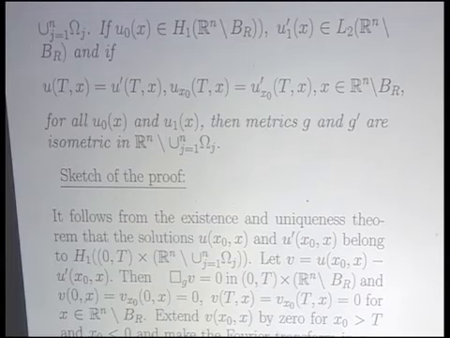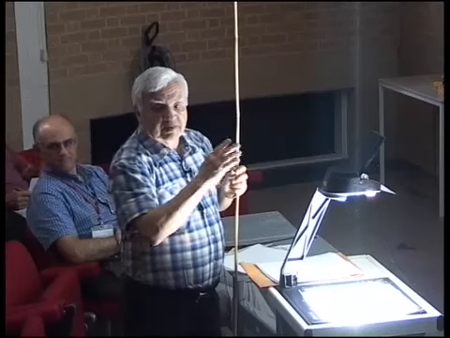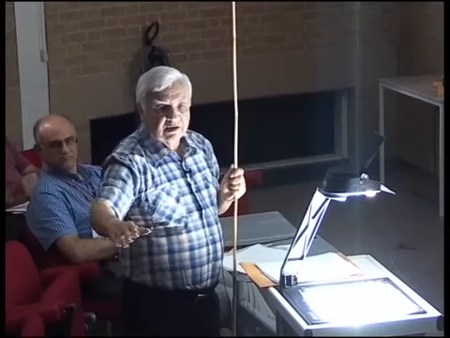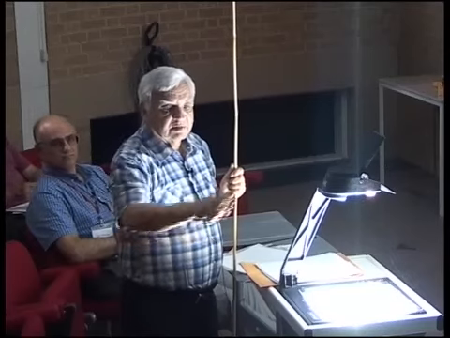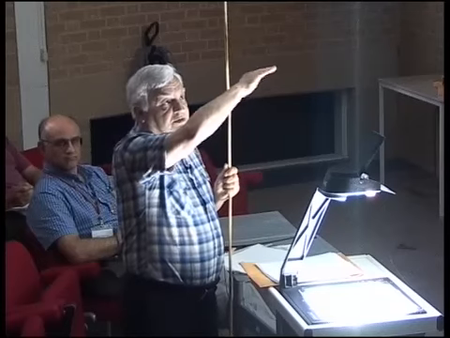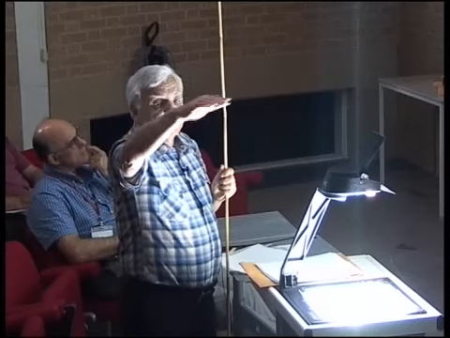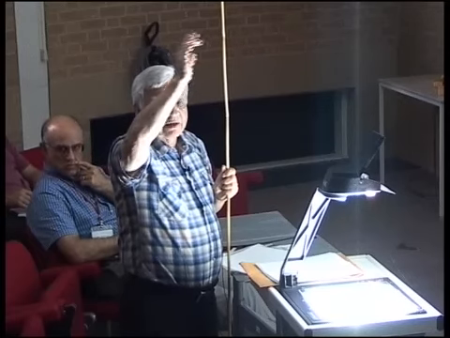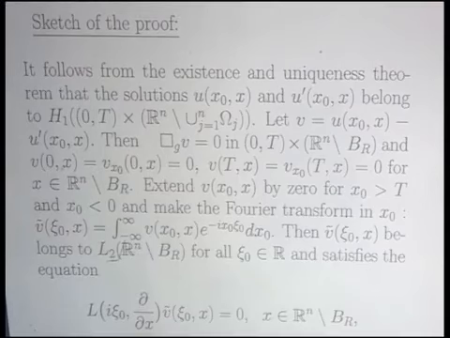Then the conclusion is that these metrics are isometric. The metrics are isometric. So it was on 2 pages. I quickly repeat what is the theorem. Suppose you have two metrics, two equations with equal initial condition, arbitrary, but in the ball equal to 0. Suppose for t equal capital T, this condition also coincides. Then the metrics are isometric.